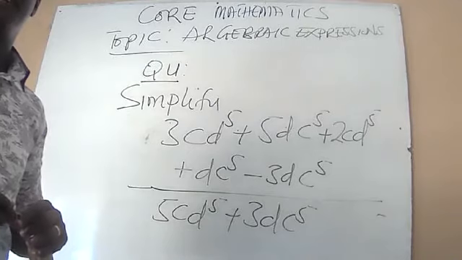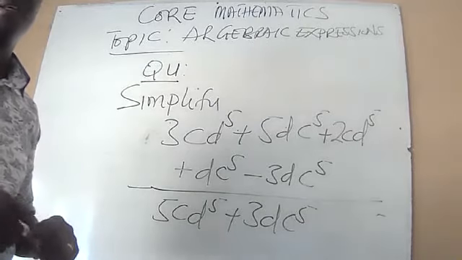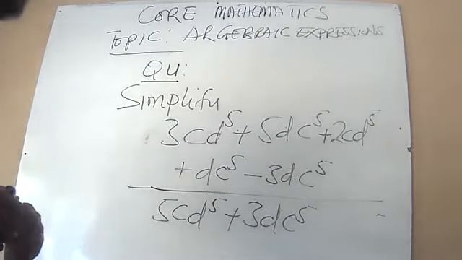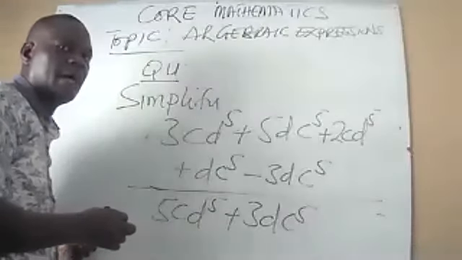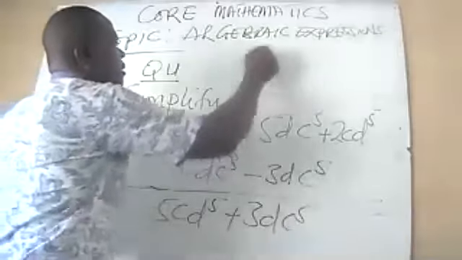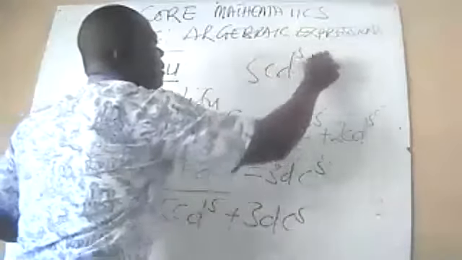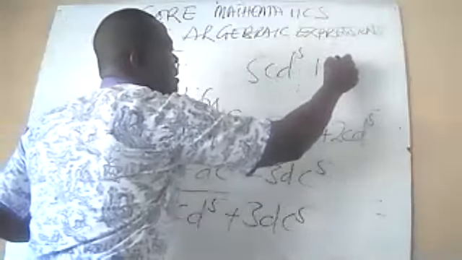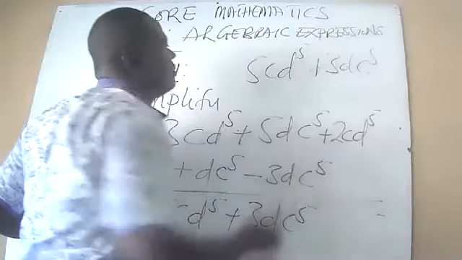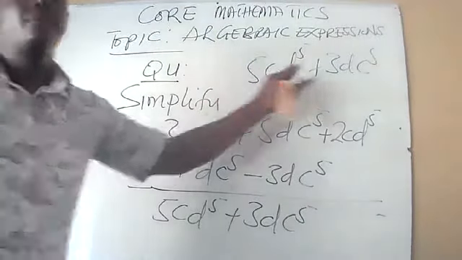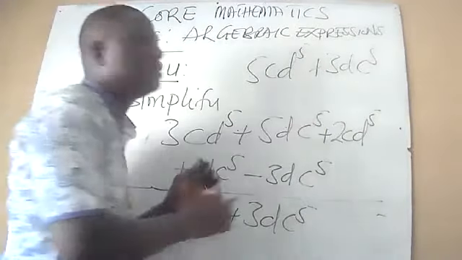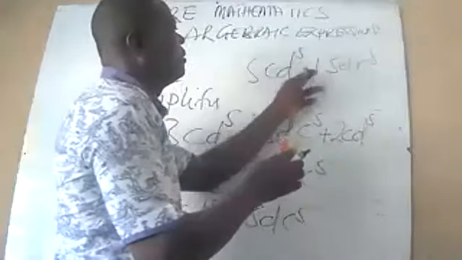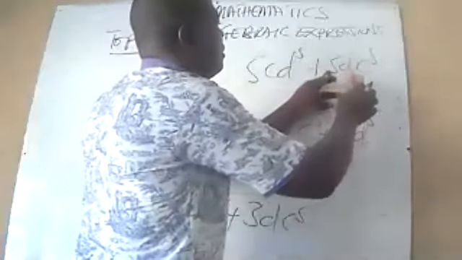Yes, sir. My answer is 5cd exponent 5 plus 3dc exponent 5. Is that what you mean, cd? No. 5cd exponent 5 plus 3cd exponent 5.